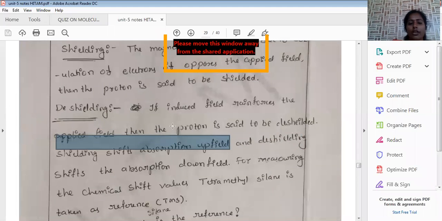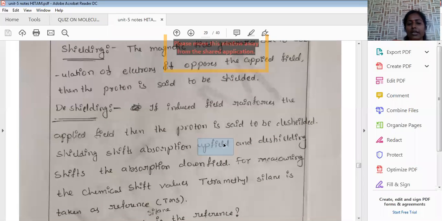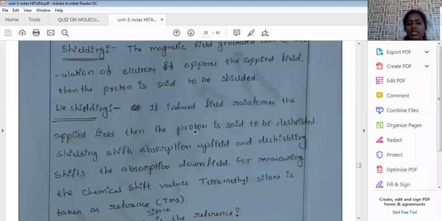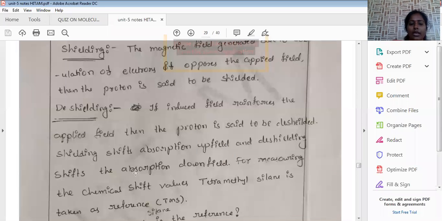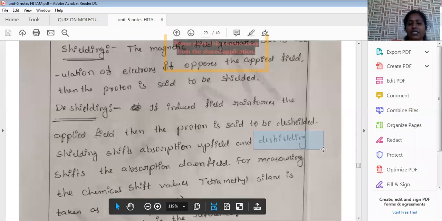When the molecule exhibits the shielding effect, the values are obtained upfield, that means near 0. Whereas if the deshielding effect is there in the molecule, it gives values downfield.